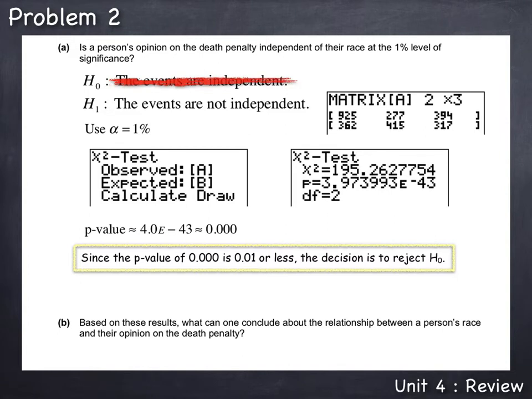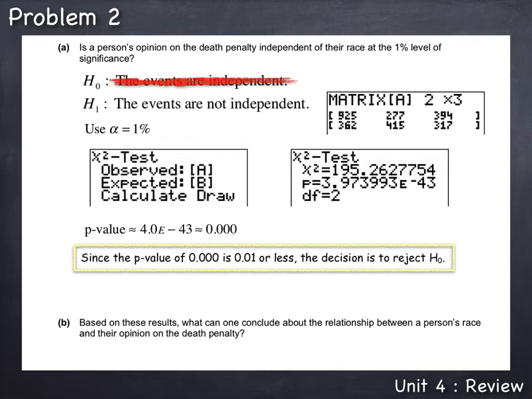So therefore, we should not conclude that the events are independent. And when H0 is shown to be not valid, the alternative, H1, is the one that the data supports or indicates is valid. So here, our answer could be that H1 is valid, that the events are not independent.